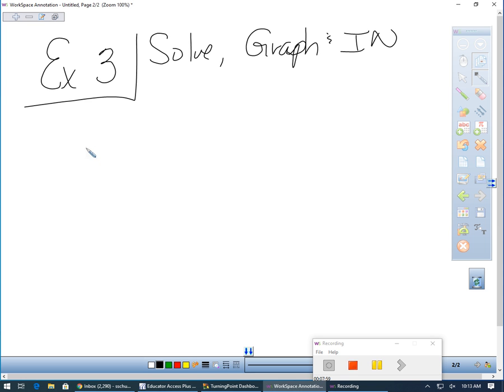Let's say I have 3 is less than or equal to x plus 9 less than 10. That looks funky, doesn't it? I still have my x in the middle, which means this has to be an and problem. Now, if I want to get x by itself, how do I get x by itself here?